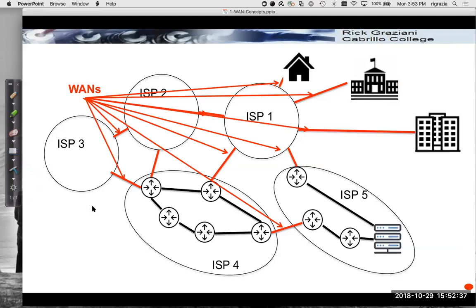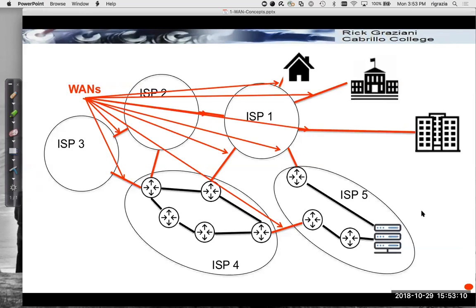But usually when we think of wide area networks, we're thinking of the longer distances. But again, if we have Verizon or Qwest, they're going to have wide area network links that are connecting their different IDFs, intermediate distribution facilities, or NOCs, or whatever they may be, connecting their different service points. Okay, but we'll talk more about all this in later videos.